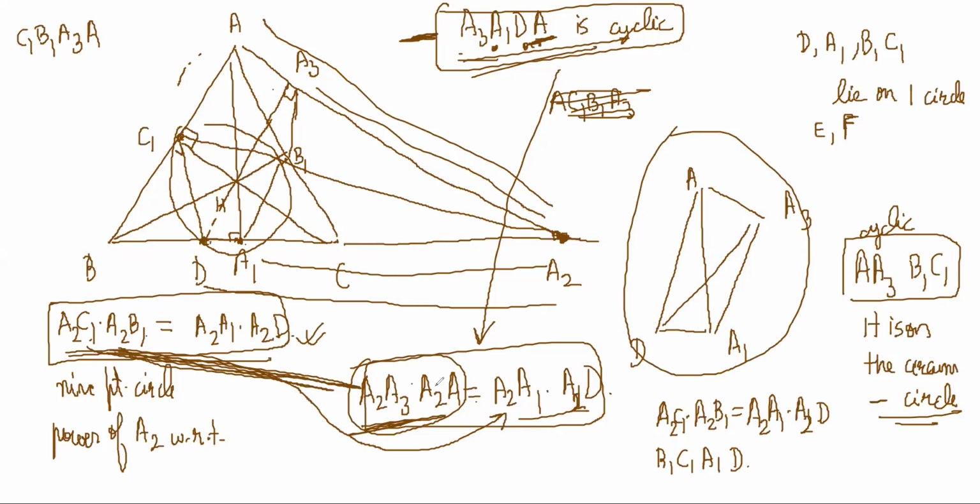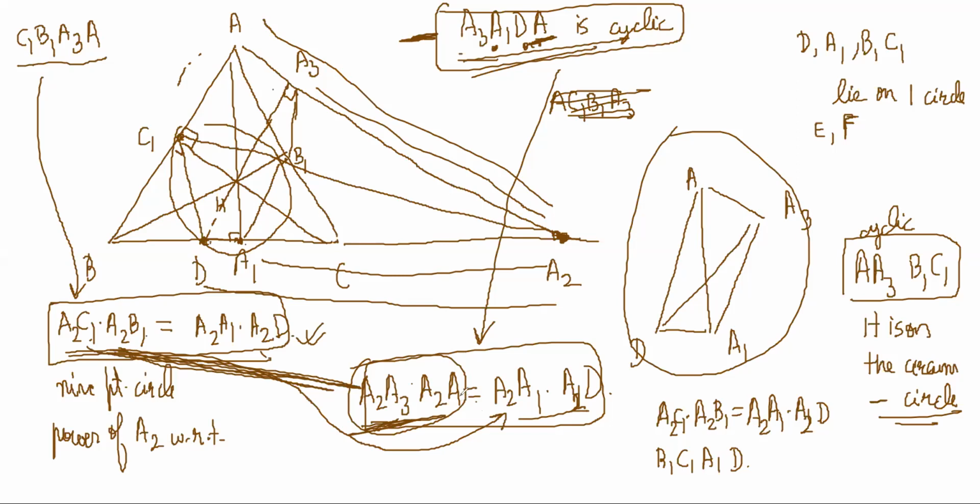I have not done it very well, but you understand that is coming. So A2B1 into A2C1 is the power of point A2 with respect to circle AC1B1, and A2A3 into A2A is also the power of the point with the same circle.